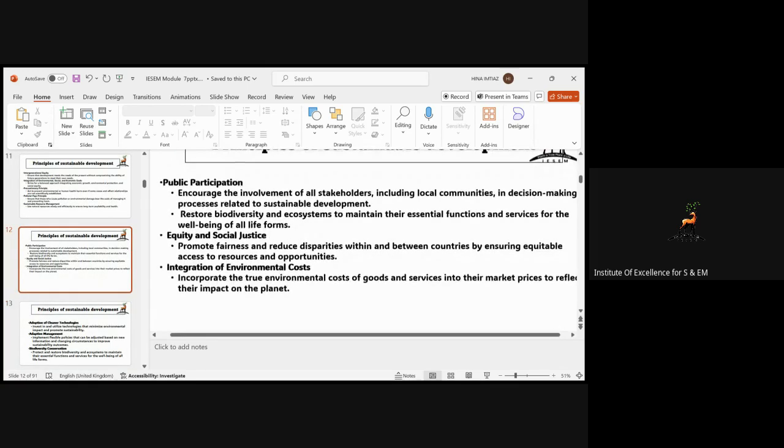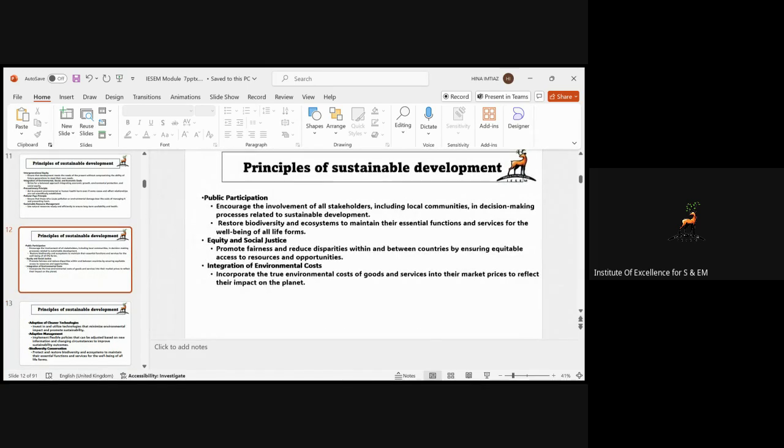The next one is public participation. We have to encourage the involvement of all the stakeholders, including local communities, the environmentalists, the journalists, and the politicians as well. These are all the stakeholders of any environment.